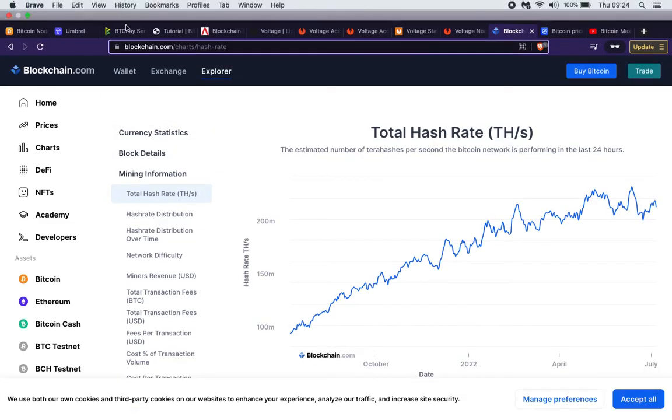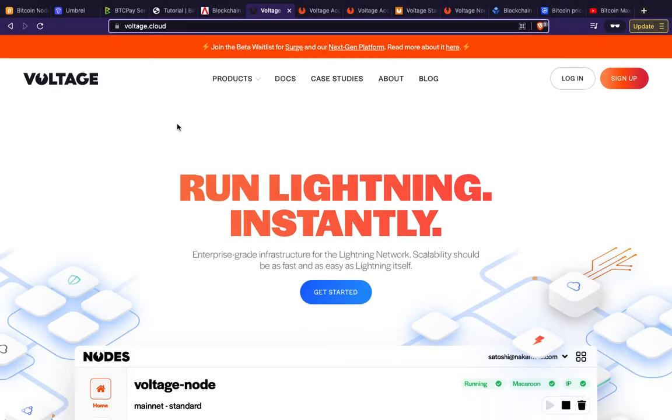So first, let's look at this website, which is a basic facilitator for a Bitcoin network Lightning node, right? So for you to run your Bitcoin node, you can use this.